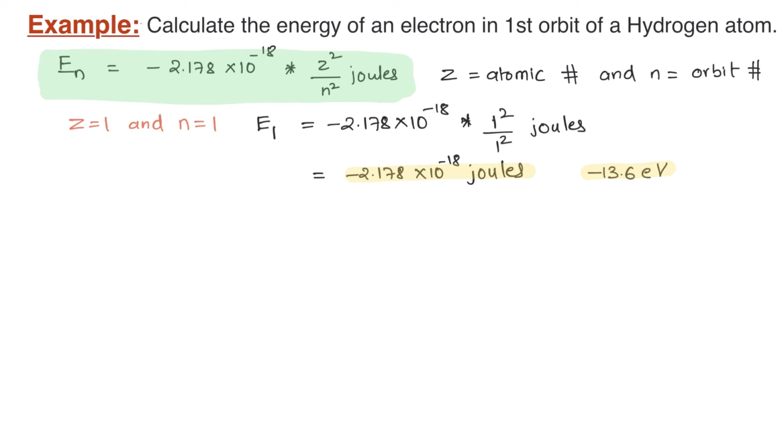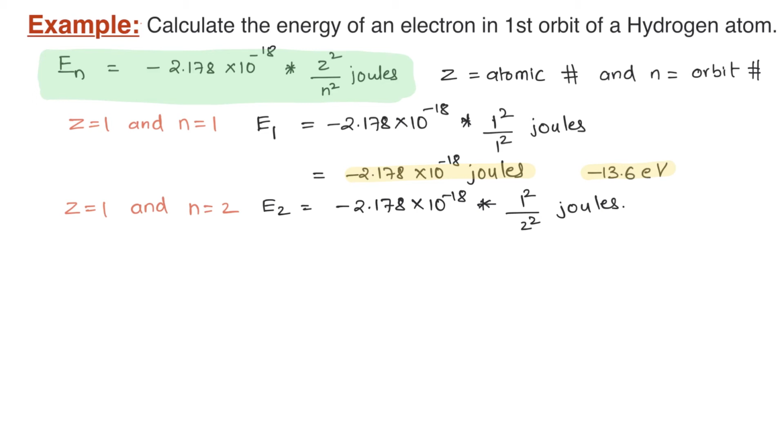Calculate the energy of an electron in the second orbit of a hydrogen atom. For the second orbit of the hydrogen atom, Z is equal to 1 and N is equal to 2. Plugging the values into the formula, we get E2 is equal to minus 2.178 times 10 to the negative 18 times 1 square over 2 square joules.